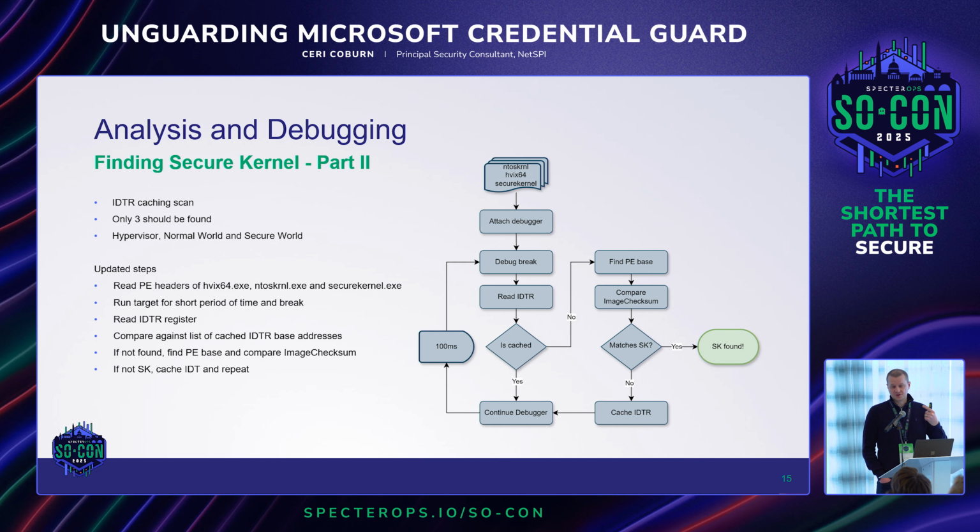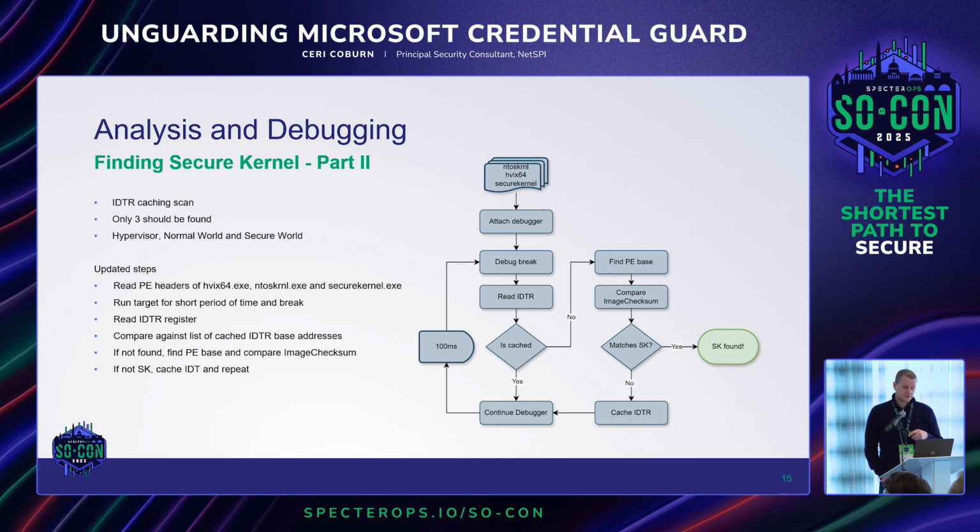You need to cache it because the process of searching backwards for the PE header is quite resource intensive. If you don't cache it, the amount of time you're spending in the debugger versus running the operating system is a lot more. By caching it, you can quickly execute the host that you're debugging, run for 100 milliseconds, and then break again, taking a sample of another context that you've broken in.